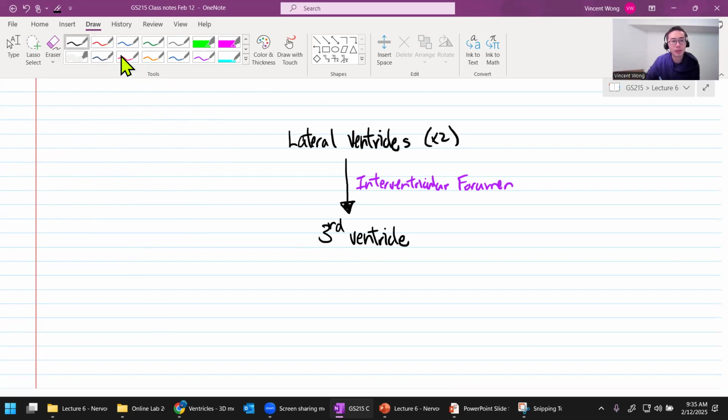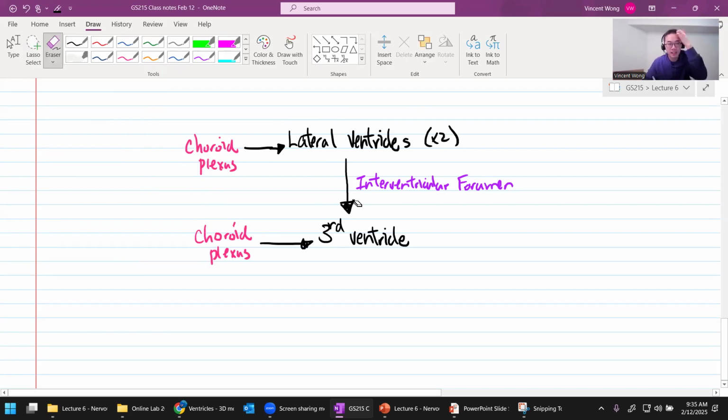And I want you to understand that you would have the choroid plexus that's going to be constantly producing the CSF, and it will fill up the lateral ventricles before it moves on to the third. And then I want you to also understand the third ventricle would also have its own choroid plexus, producing CSF, which would be filling up the third at the same time that CSF is coming in from the lateral.